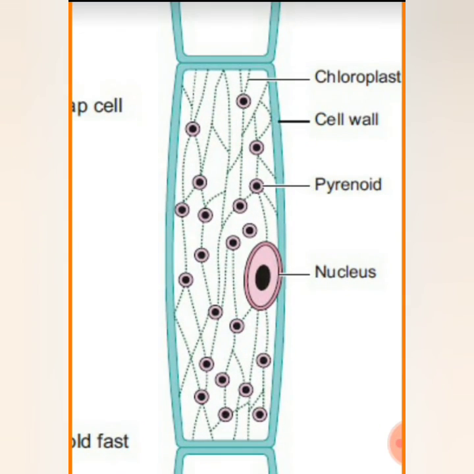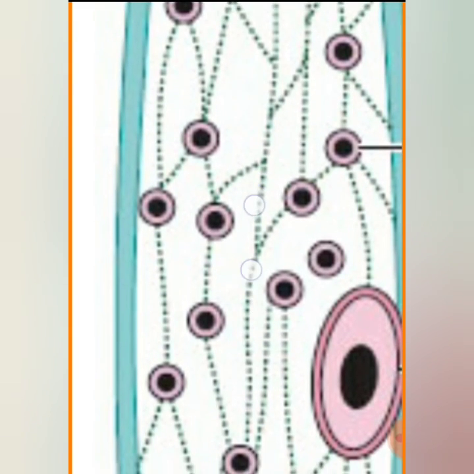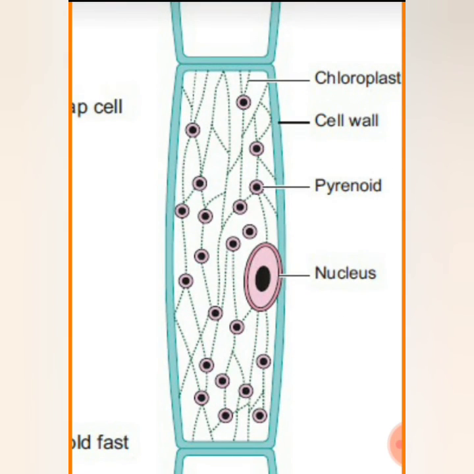In the protoplast you can find the cytoplasm, the chloroplast along with the pyrenoids, and also the nucleus. The nucleus is sometimes arranged in the middle, and in some cases it is eccentric. So this is the cell structure.